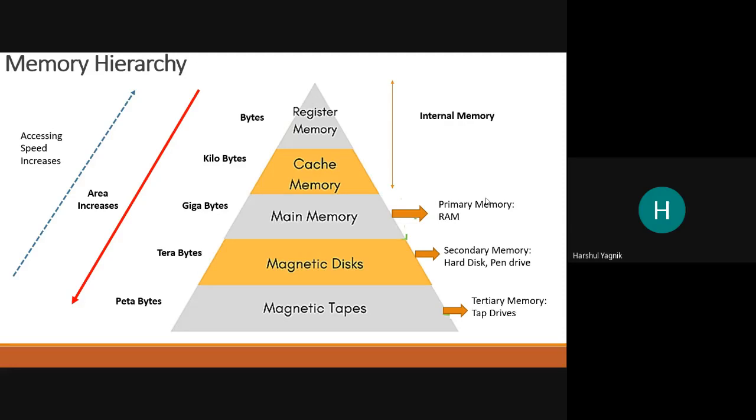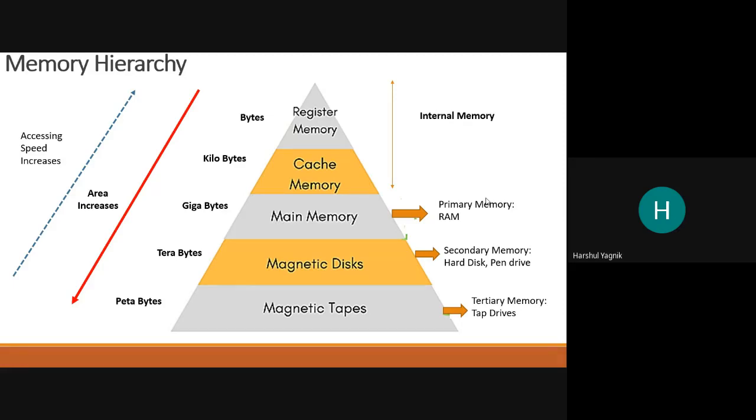But speed: magnetic tape is slowest, magnetic disk comparatively faster, main memory comparatively faster, cache memory comparatively faster, register memory fastest. Okay?